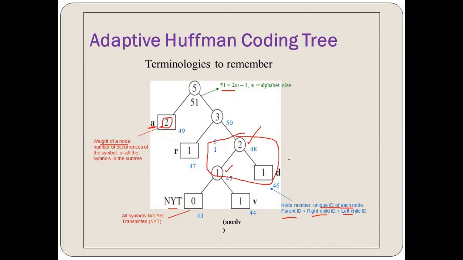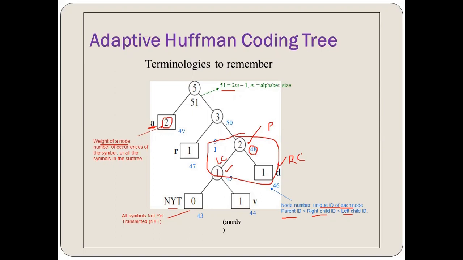Now you can see the maximum node number is what? Parent node number is maximum, that is 48.